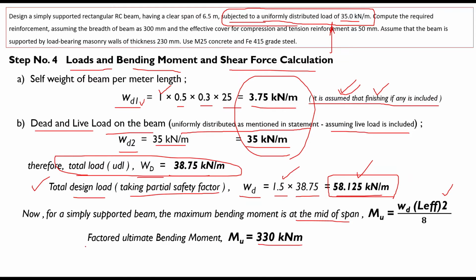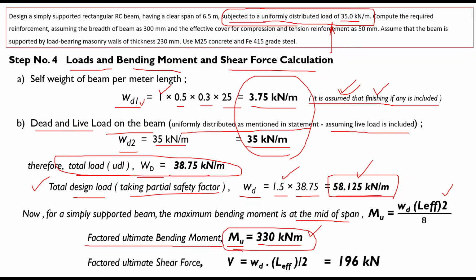So this is the factored ultimate bending moment for which we have to design this beam. We have to decide the section accordingly, and design the reinforcement which can take care of all this bending moment. Similarly, we can work out the factored shear force. It comes out to be 196 kilonewton. It is also a quite high value.